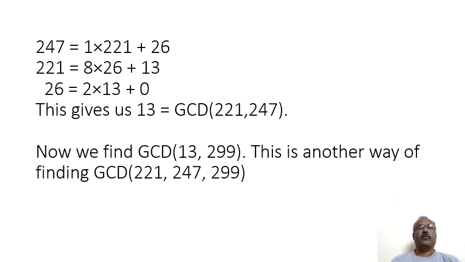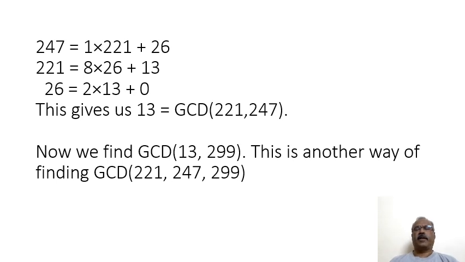And we have 26 is equal to 2 times 13 plus 0. This gives us 13 is equal to GCD of 221 and 247. Now we find GCD of 13 and 299. This will give us the final GCD as 13. This is another way of finding GCD of 221, 247 and 299.